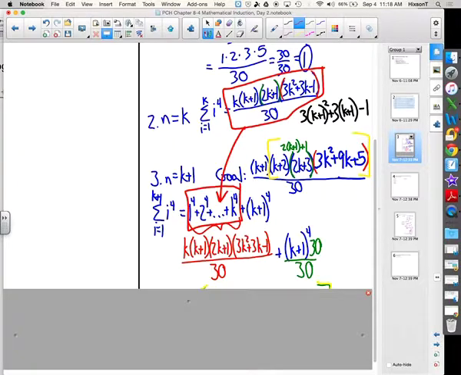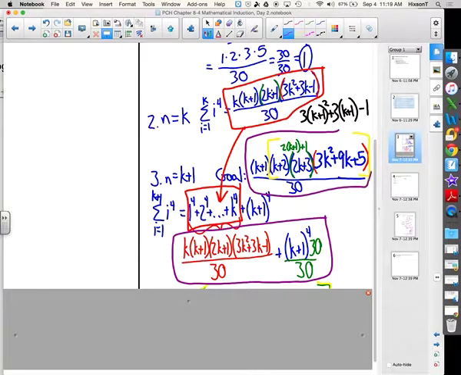Okay? And then that extra term is right there. And you're trying to get n equals k plus 1 from that. This is the relationship for n equals k plus 1. And then from all of this, we're trying to get our goal. We need to prove that those two expressions are equal. Okay? Yes, Jason?